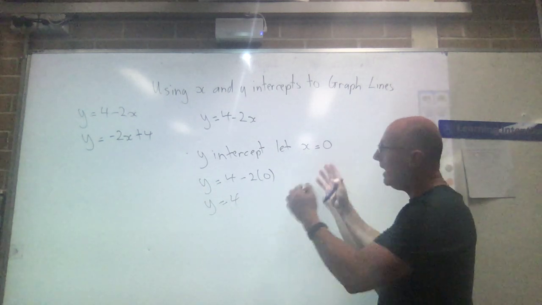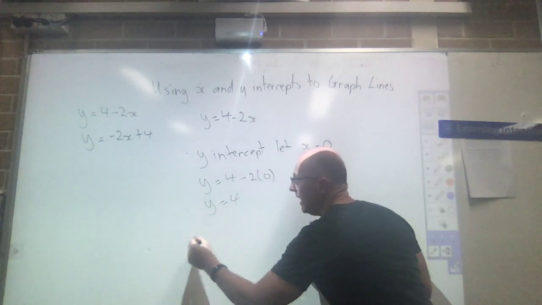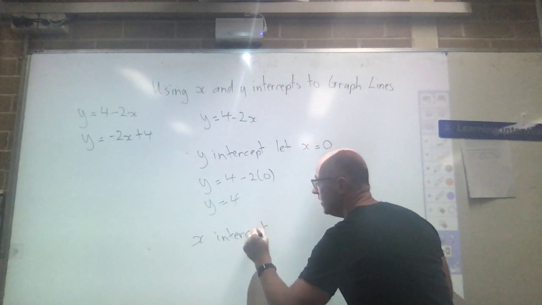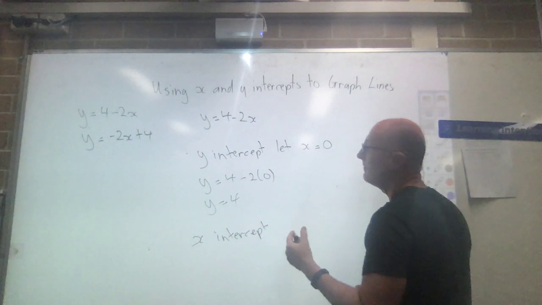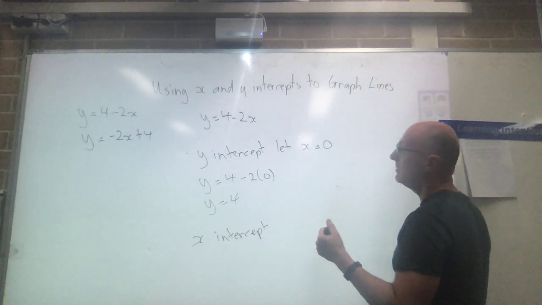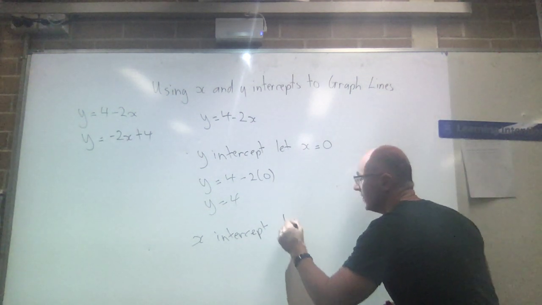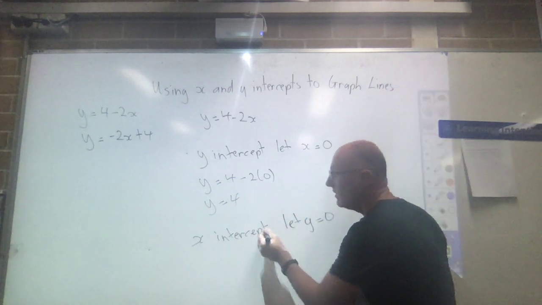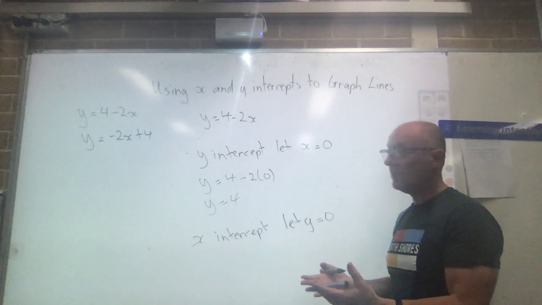To find the x-intercept, this time we let y equal 0, because everywhere along the x-axis, y is 0.